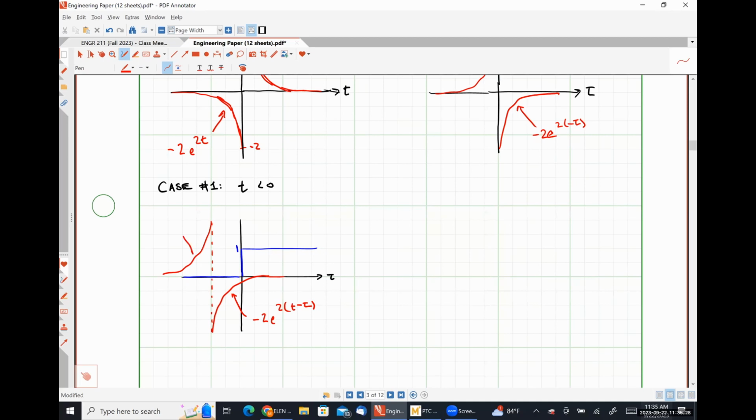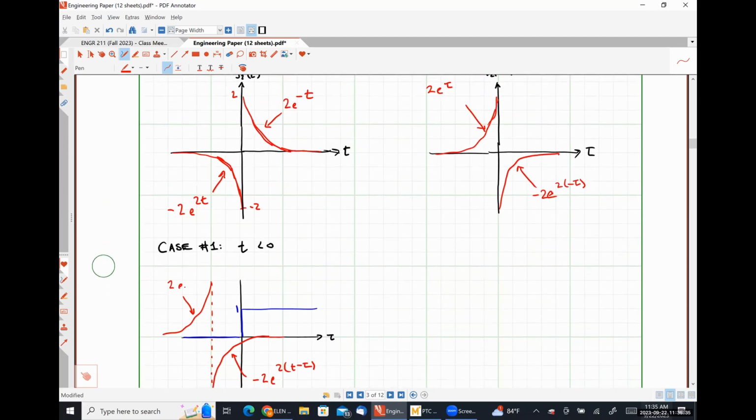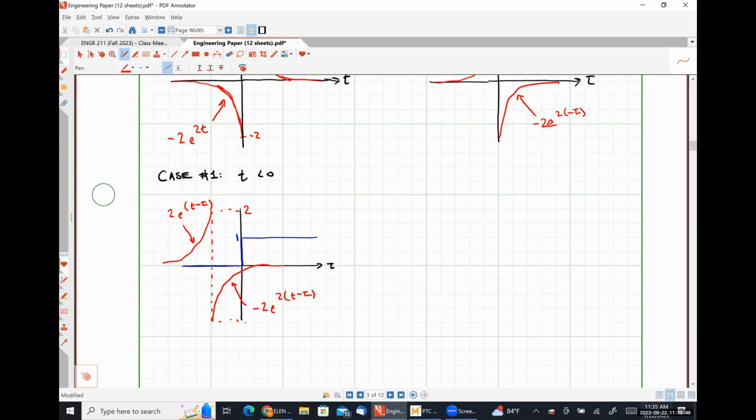And this part over here is positive 2 e to the t minus tau. I'm just explicitly putting what these peak values are. Okay. So what I'm looking for is where these 2 functions overlap each other. So where do they overlap?